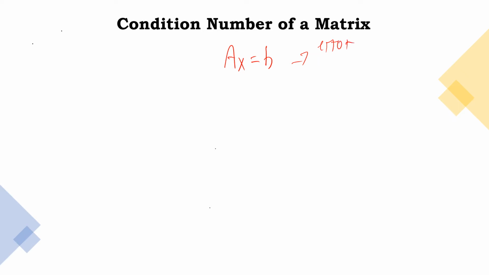Then when we solve the equation, we will not get x, but instead, we will get a value near x. Now, in this particular example, the condition number is a relative error magnification factor. Let me write relative error magnification factor.